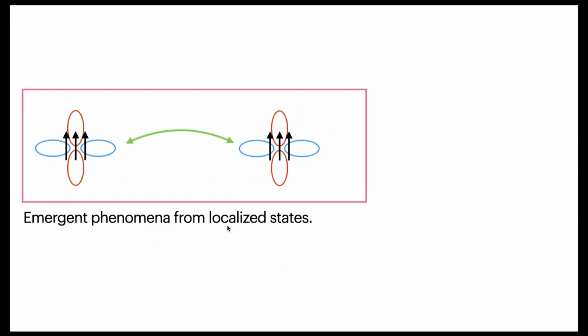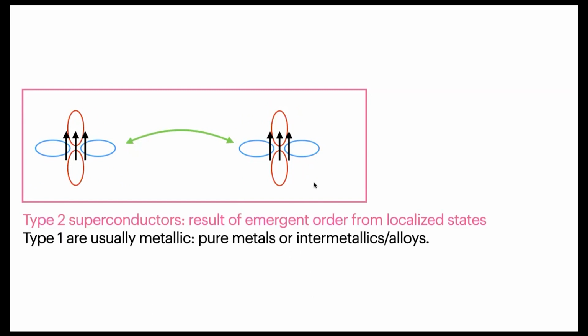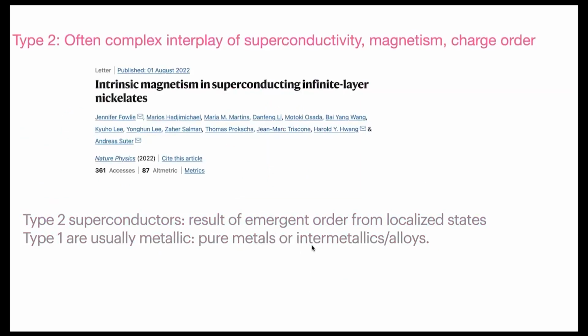But generally, one way to think of these things is basically as emergent phenomena arising from these types of localized states. Right, so type 2 superconductors, for example, are seen as part of this category, while type 1 are usually not. Okay.